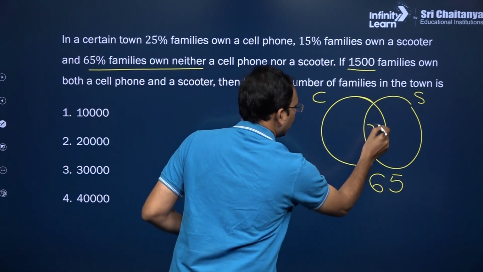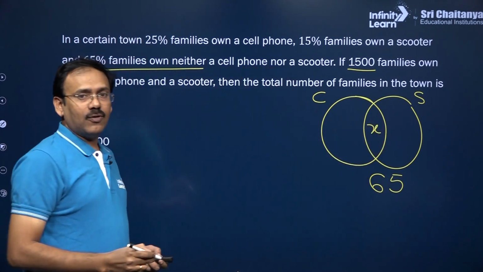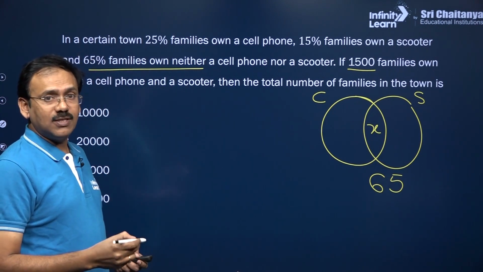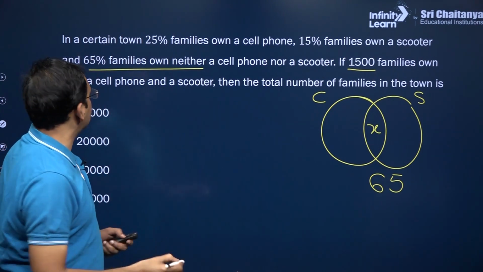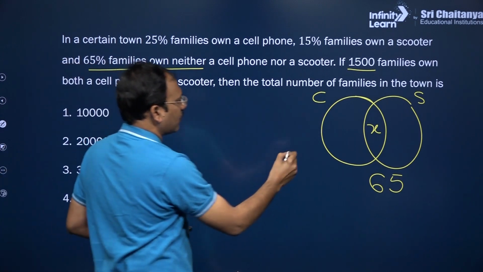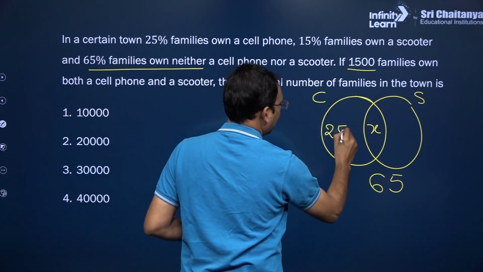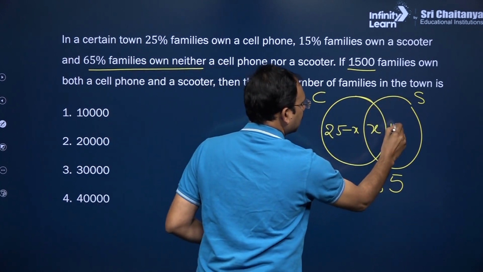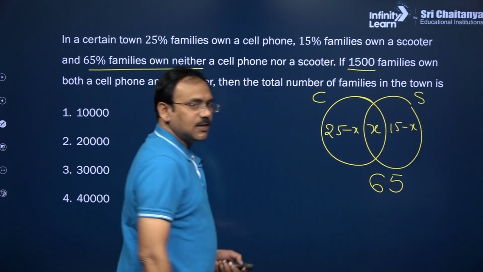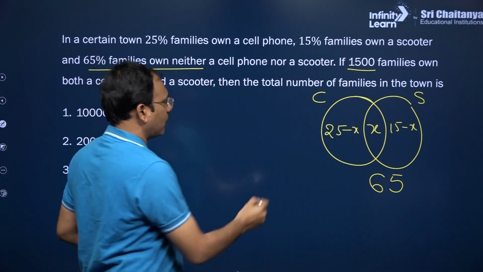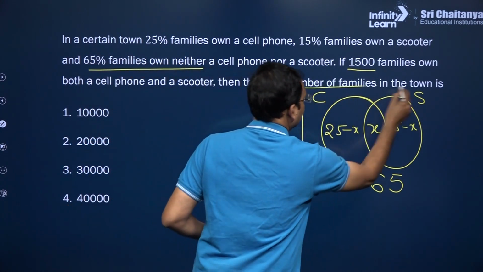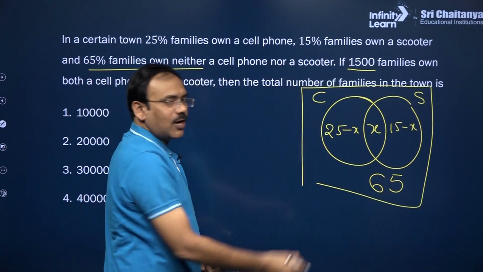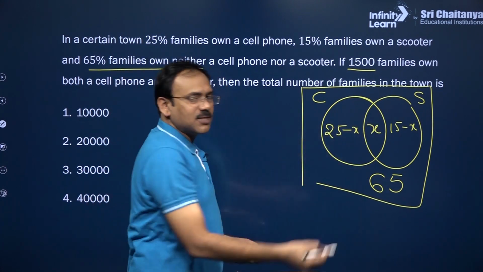Suppose the percentage of families which own both is x. Total cell phones is 25%, so it is 25 minus x, and scooters is 15%, so it is 15 minus x. The sum of the 4 disjoint regions of the complete Venn diagram must be 100.